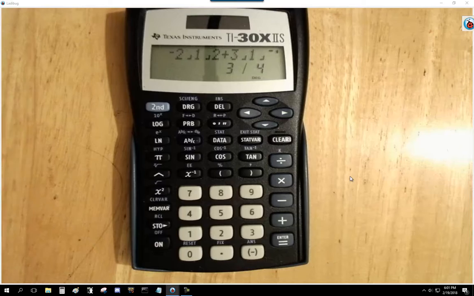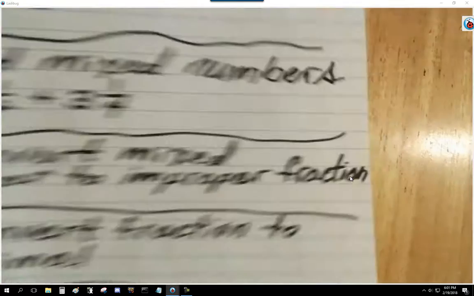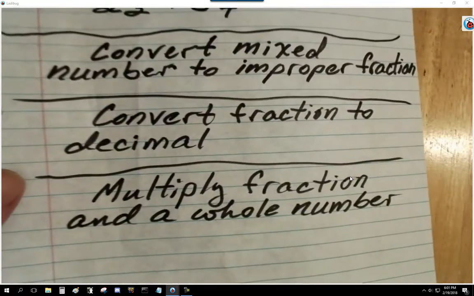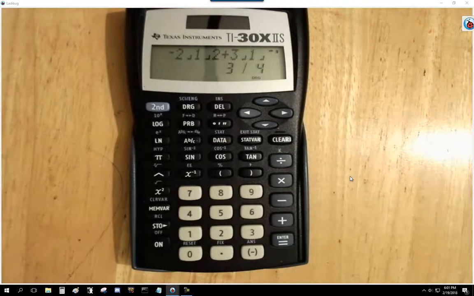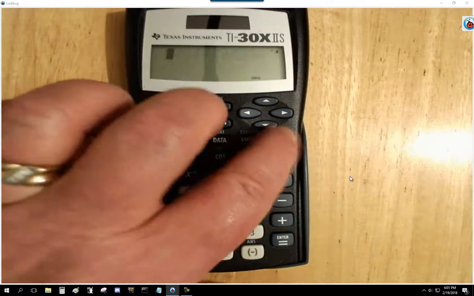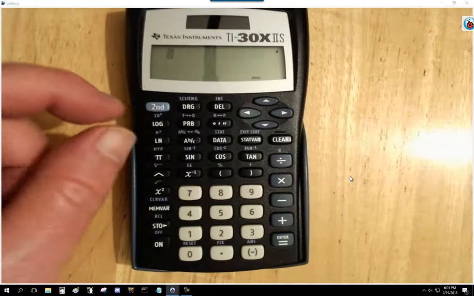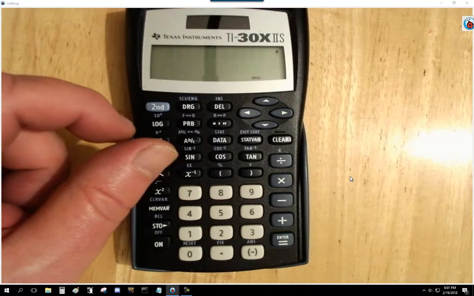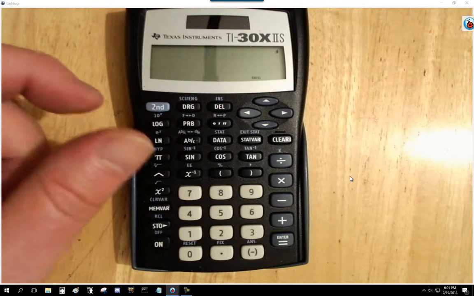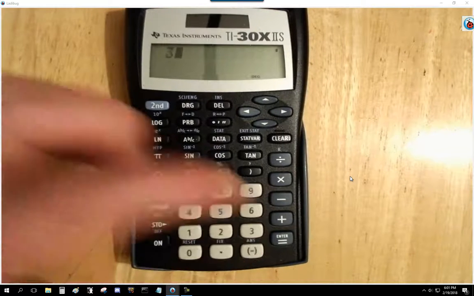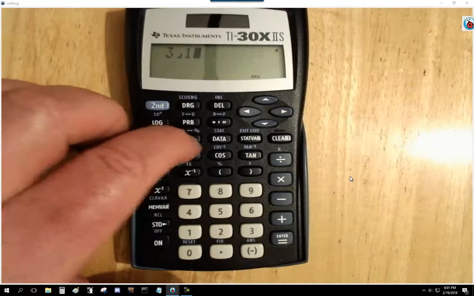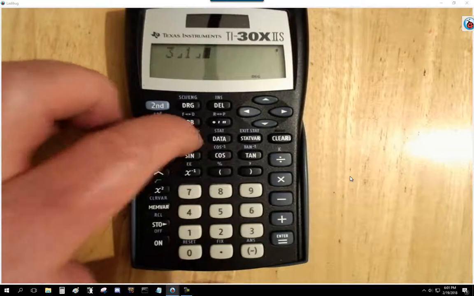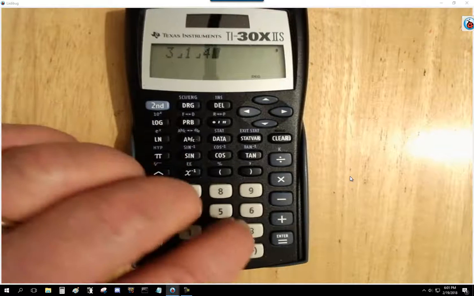Next, I want to show how to convert a mixed number to an improper fraction. So clear. Let's say 3 1/4, which I happen to know is 13/4. 3 ABC, 1 ABC, 4.